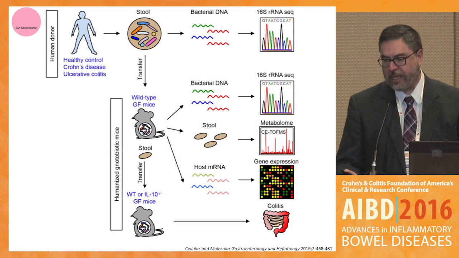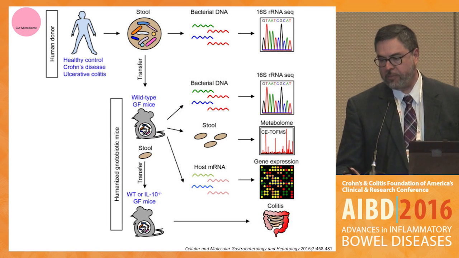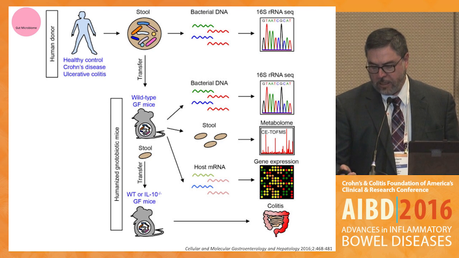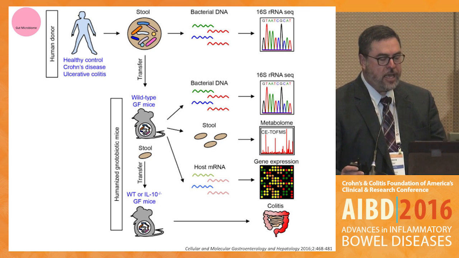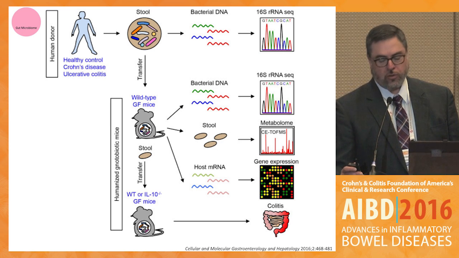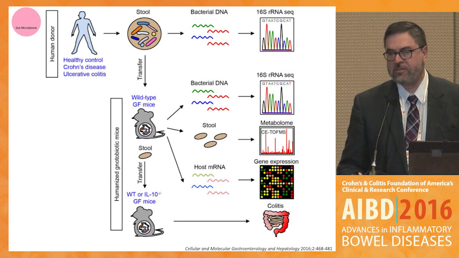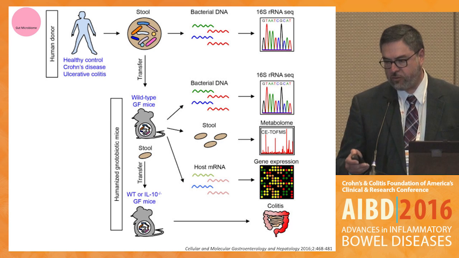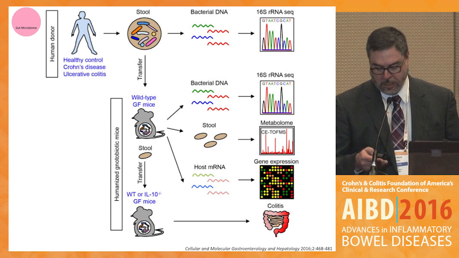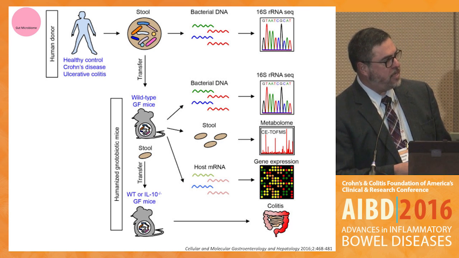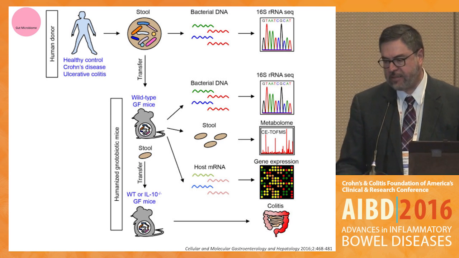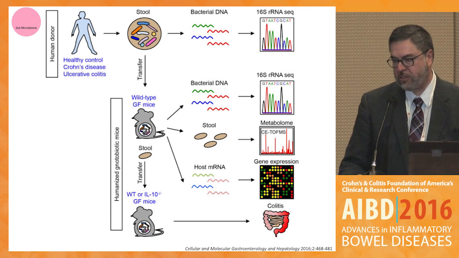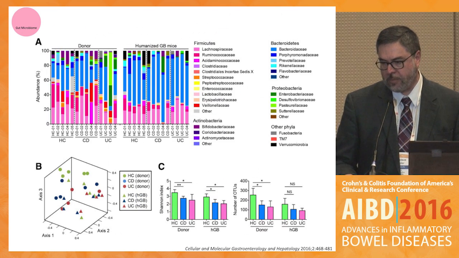I know I'm running out of time a little bit, so let me skip over to this slide. So this is a different study in which stool from healthy controls, Crohn's disease and ulcerative colitis patients was transplanted into wild-type germ-free mice, and then the stools of these mice were transferred into a model, IL-10 knockout mice that has susceptibility to developing IBD.